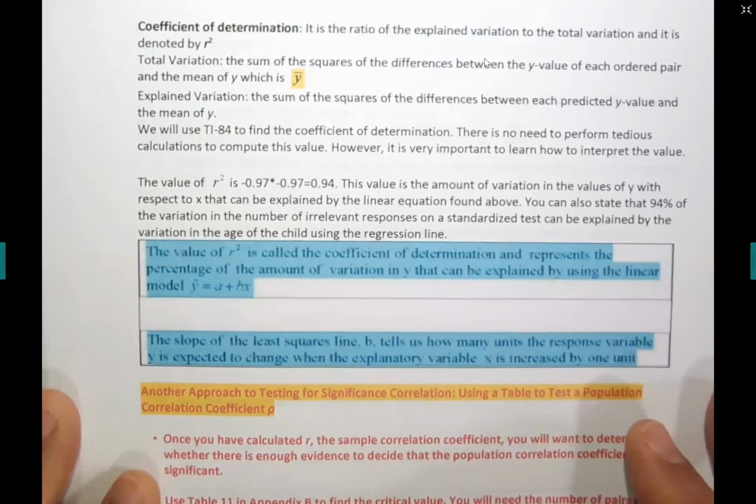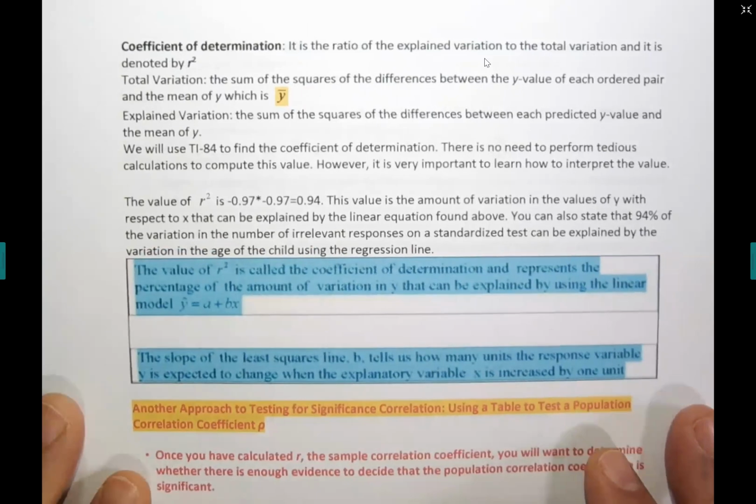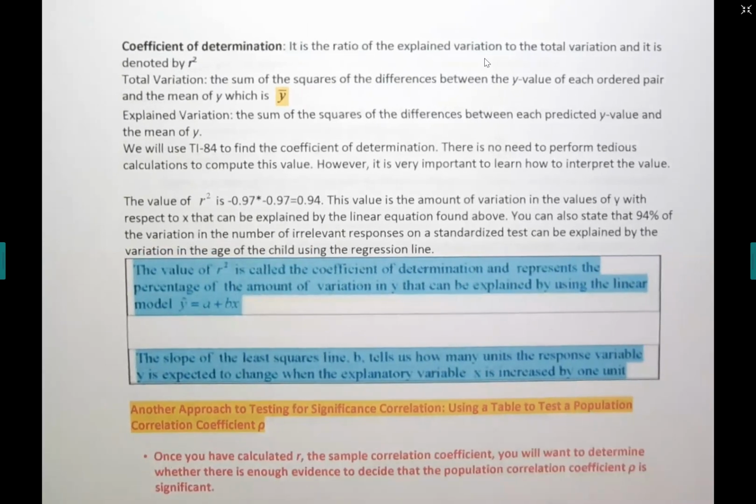The coefficient of determination is called the ratio of explained variation to the total variation. It's denoted by R squared. You don't have to worry about the formula, just worry about how to find R squared. You already know how to find it. When you find R, you're going to get R squared automatically.